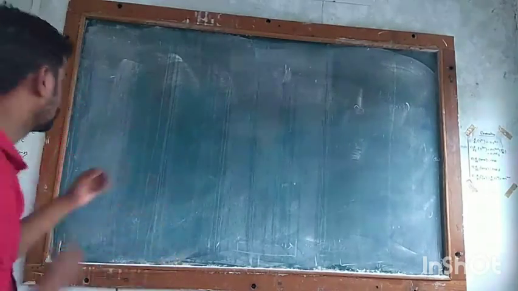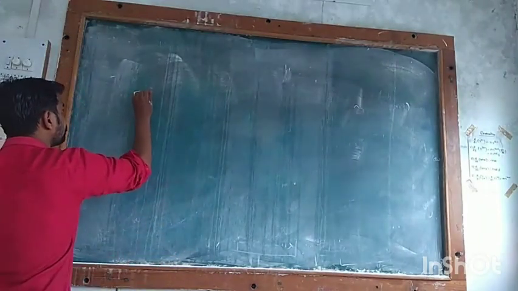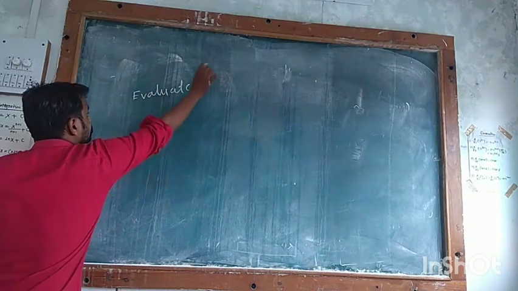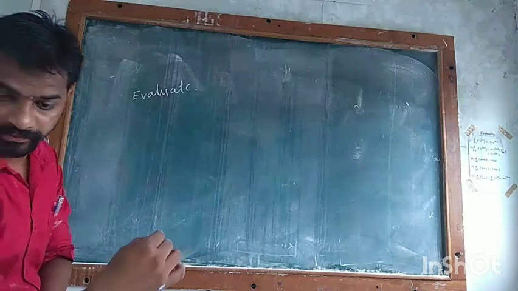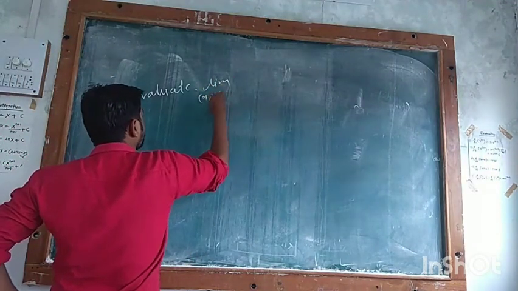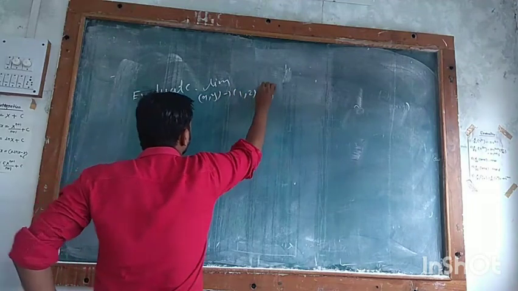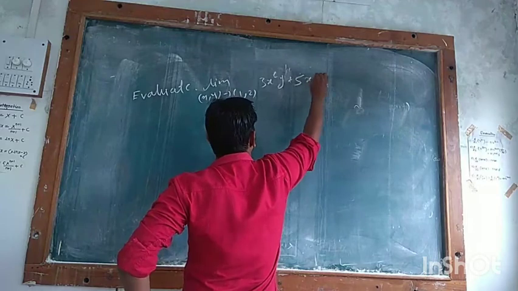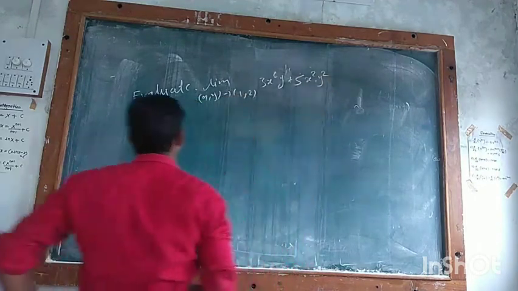Next, evaluate limit as xy tends to 1, 2 of 3x square y plus 5x square y square.